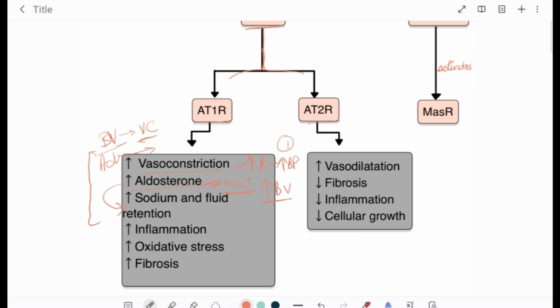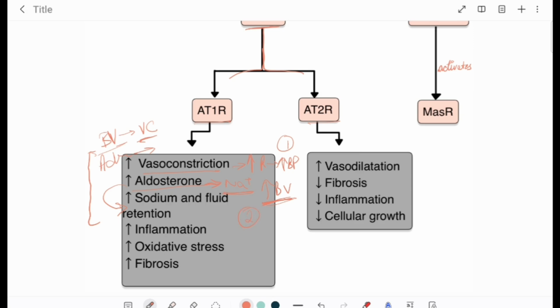Because of aldosterone, sodium retention occurs, and as water follows sodium, water is also reabsorbed more and more, which leads to an increase in our blood volume. So like this, in the second phase, it is increasing the blood pressure.